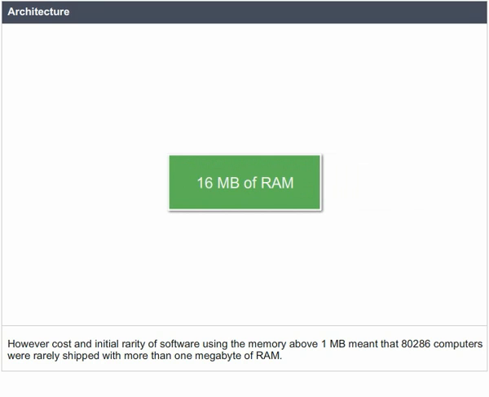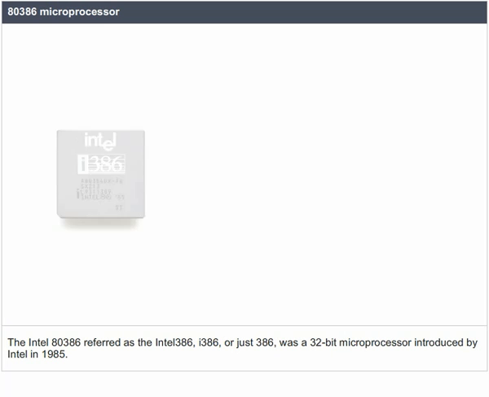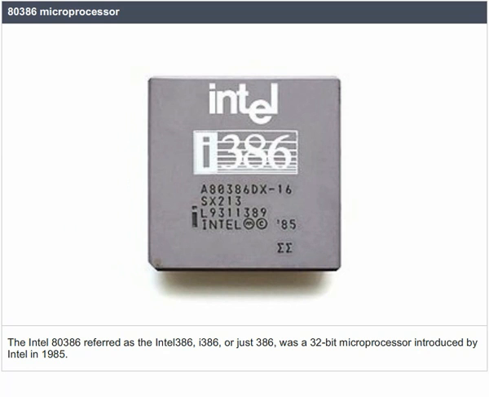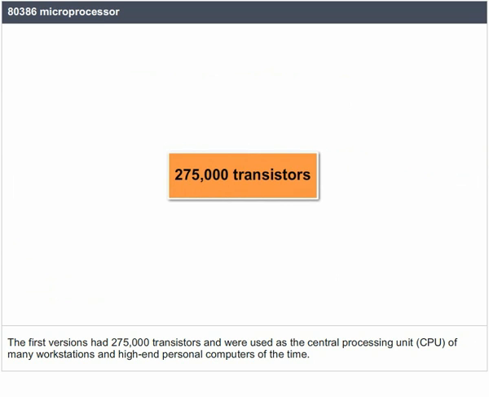80386 microprocessor. The Intel 80386, referred to as the Intel 386, i386 or just 386, was a 32-bit microprocessor introduced by Intel in 1985. The first versions had 275,000 transistors and were used as the central processing unit of many workstations and high-end personal computers of the time.